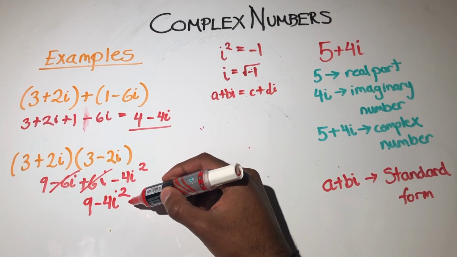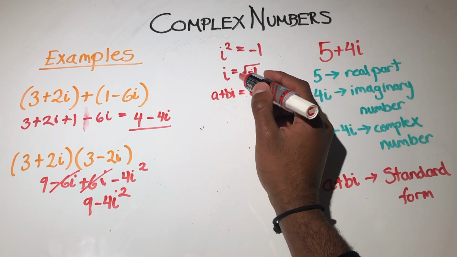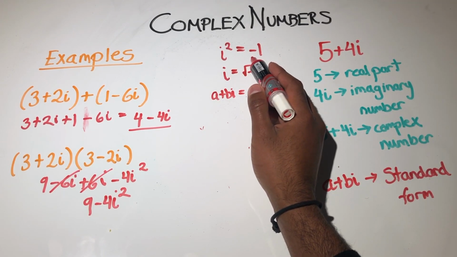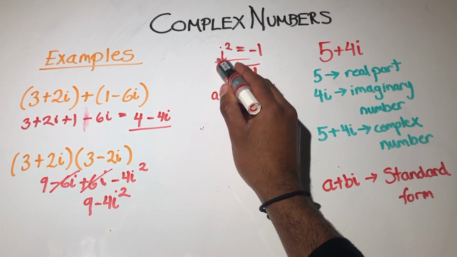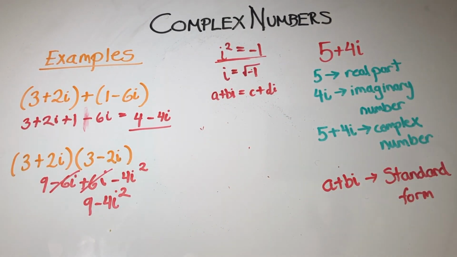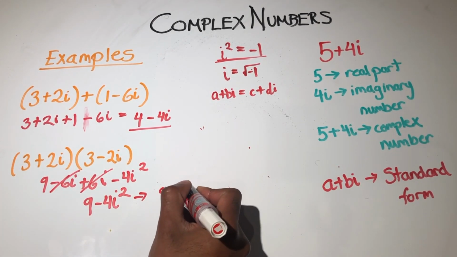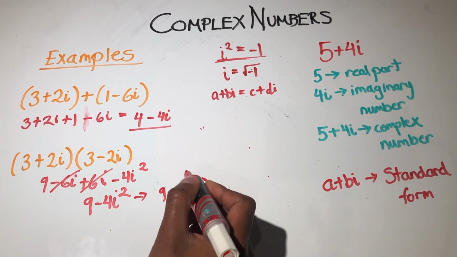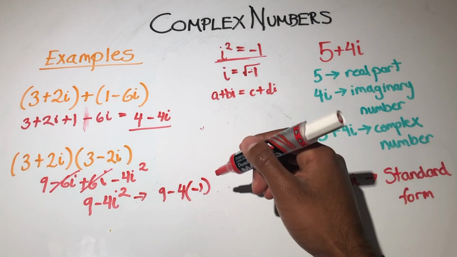Now, i squared is basically (√-1) squared, which is -1. And I've written it up here because this is very important. You're going to have to memorize this by heart, really. 9 minus 4i squared is just going to give us 9 minus 4 times -1. -4 times -1 is going to give us positive 4.